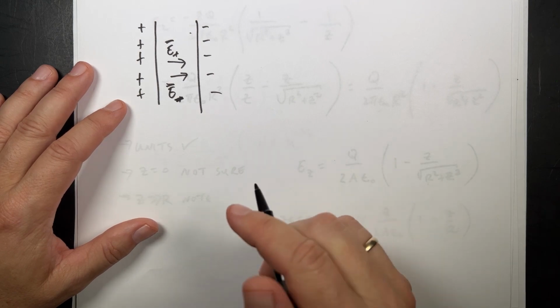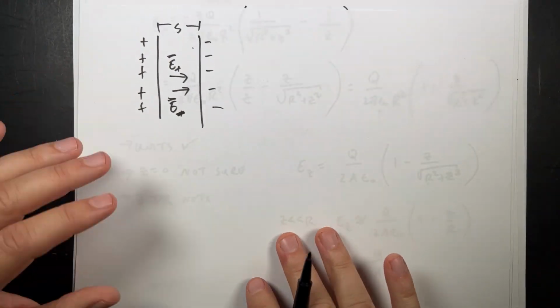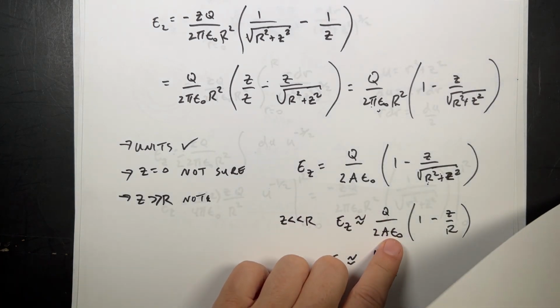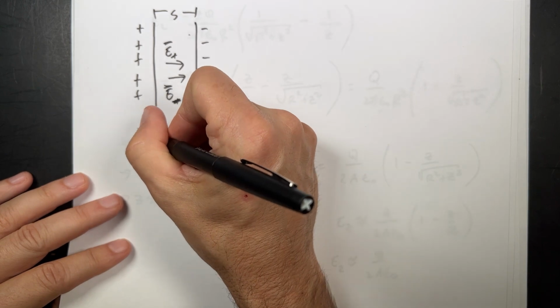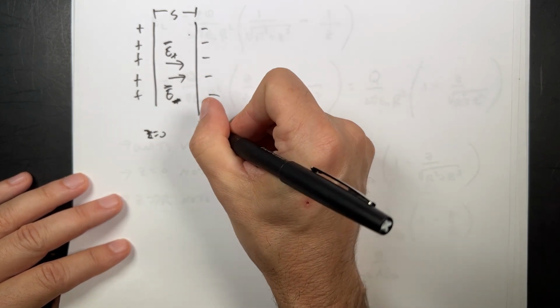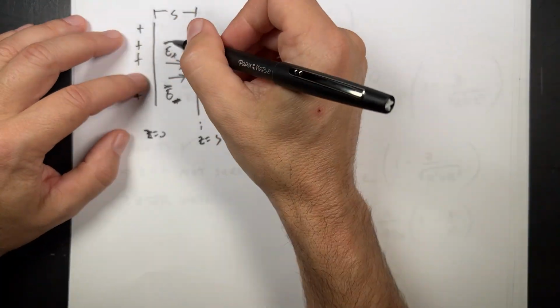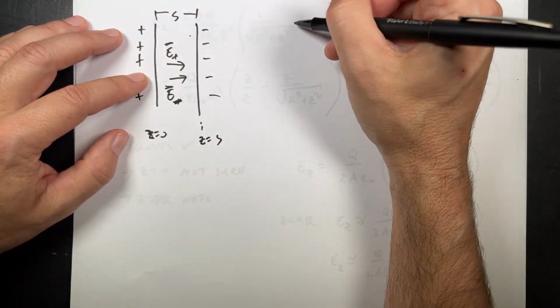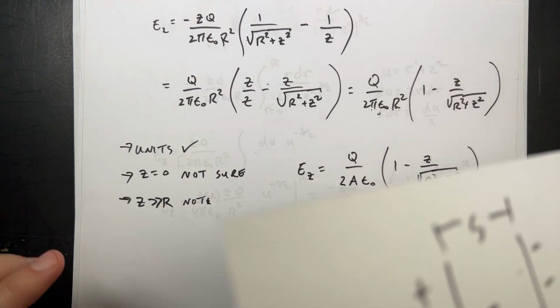I add them together, and they're separated by a distance S. I think we can use this form to show that the electric field's constant. So let's call this z equals 0, and this z equals S. Even though the electric field does change with distance, it's still going to add up to be a constant.